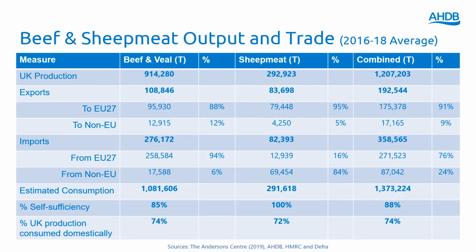So in terms of beef and veal production at the UK level, just over 914,000 tonnes per year. Sheep meat almost 293,000 tonnes per annum. So combined, just over 1.2 million tonnes being produced annually over that period.